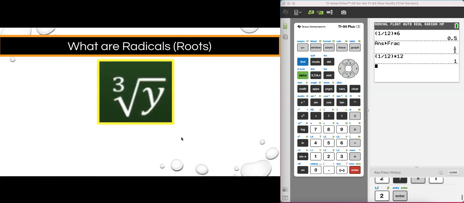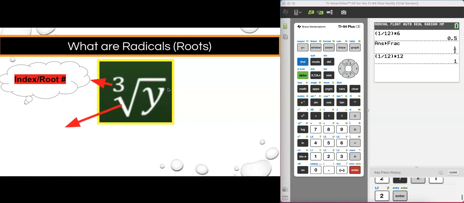Now, what are radicals? Another word for radicals that you might see is roots. Here we have the third root of y, or sometimes you might hear people say the cube root of y. It's the same thing. This 3 here, we call the root number or the index number. The symbol is our root symbol.